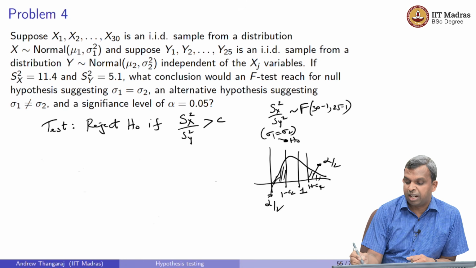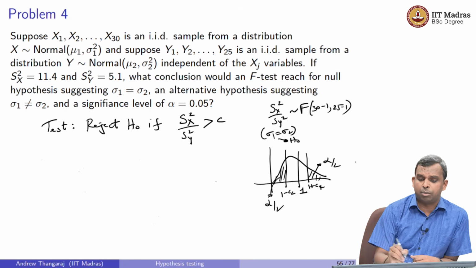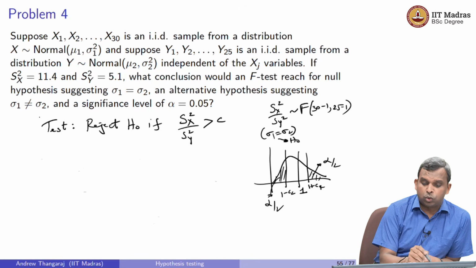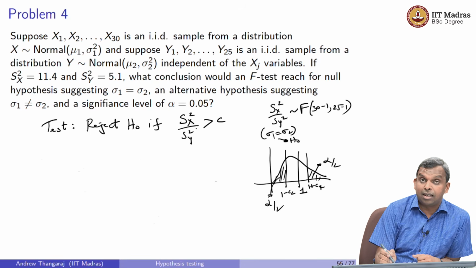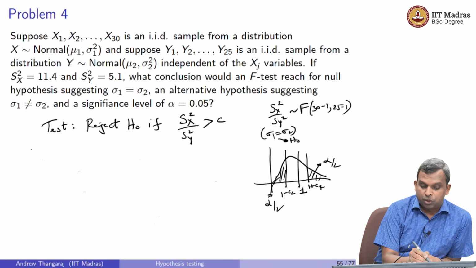One needs to pay attention, solve two different problems here, that's important. Notice this is two-sided, and I am expecting Sx squared by Sy squared to be close to 1 if null is true, and it's away from 1 in this particular way. So one needs to pay a little bit of attention here.